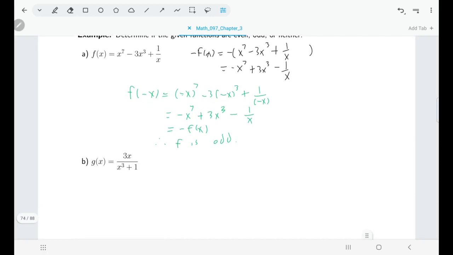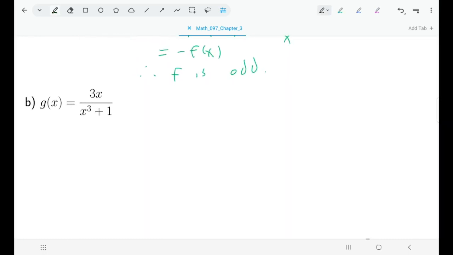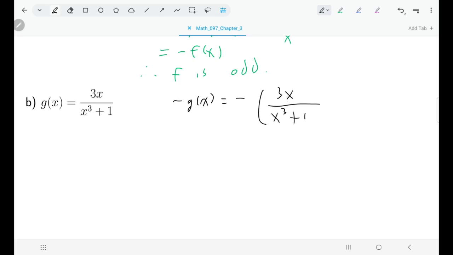Okay, so let's do the same thing for g of x and tell whether it's even or odd. I'm going to start the same way that I did before by first figuring out what is negative 1 times my function. This is a place where people will make a mistake, and a fairly common one is, when they look at -1 times the function, they will multiply the top by -1 and also multiply the bottom by -1.